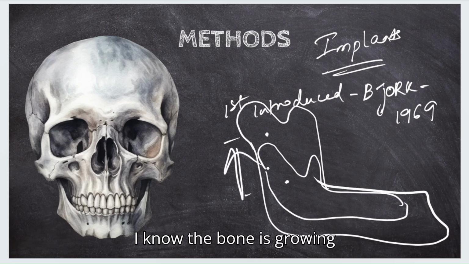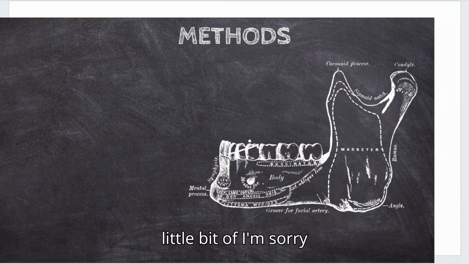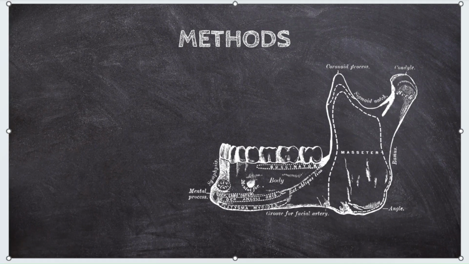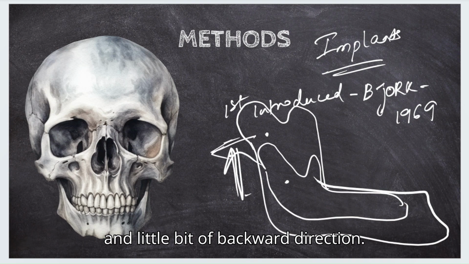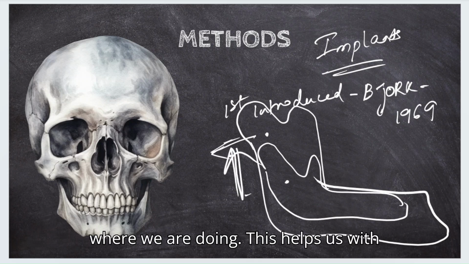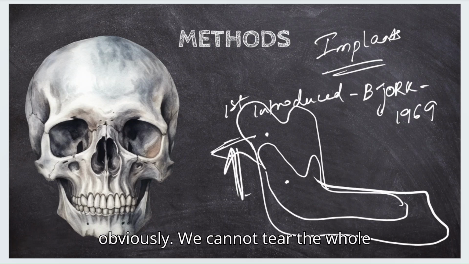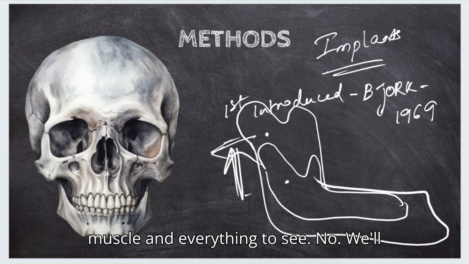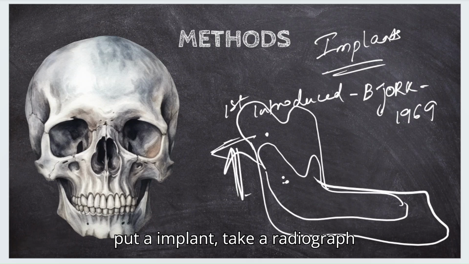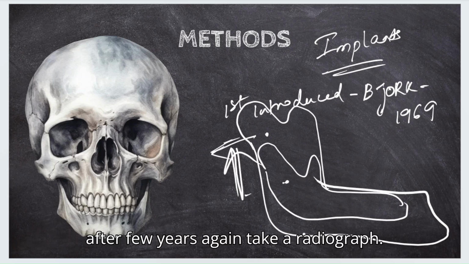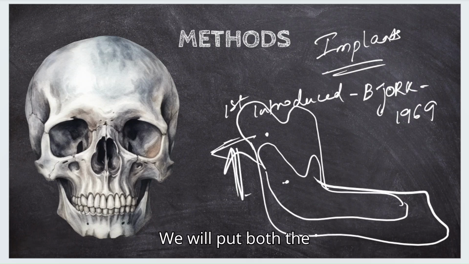I know the bone is growing in this direction, and a little bit in the backward direction. Obviously we cannot tear the whole muscle and everything to see, no. We'll put an implant, take a radiograph, and after a few years again take a radiograph. We will put both the radiographs on each other so that we can see the difference.